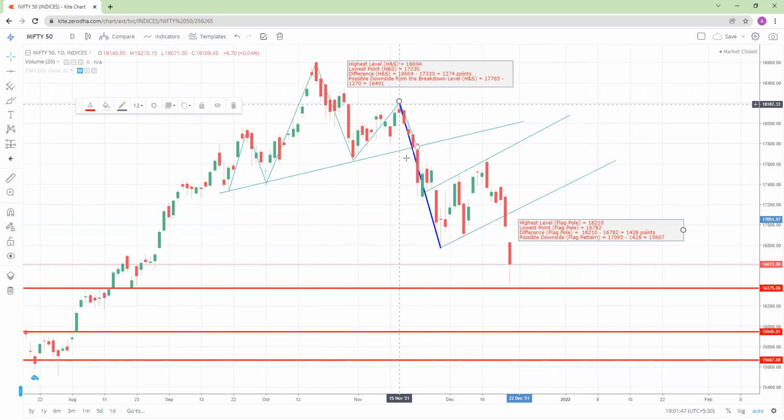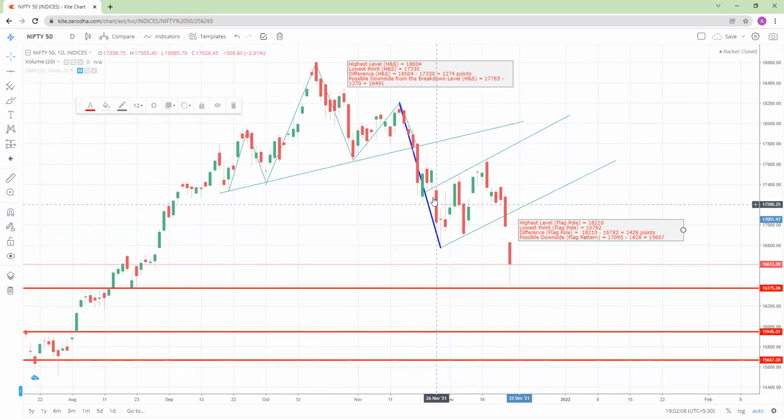You can see there is a pole in the dark blue line. Then there are two lines connecting: the upper one connecting the previous highs made by Nifty 50 in recent times, and the lower one connecting the lows Nifty 50 had made in recent times.